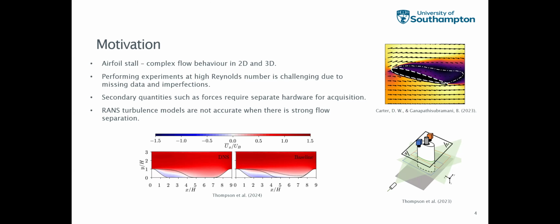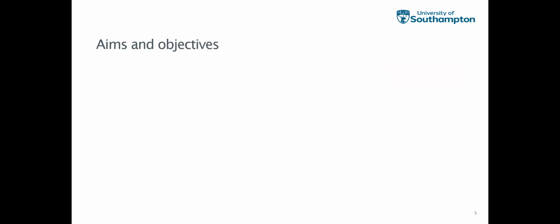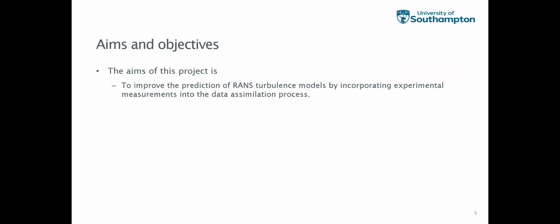And experiments, on the other hand, give a good picture of the flow physics, but they are lacking in terms of imperfections and also experimental uncertainties and errors in measurement and so on. So going forward, we use this as a springboard to set the aims and objectives of the study, which is to improve the prediction of RANS turbulence models.